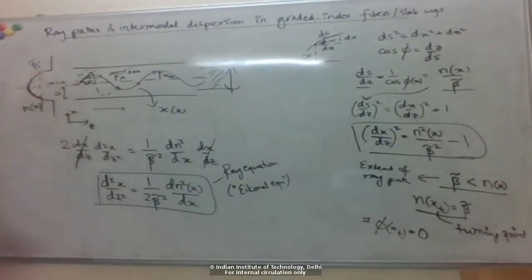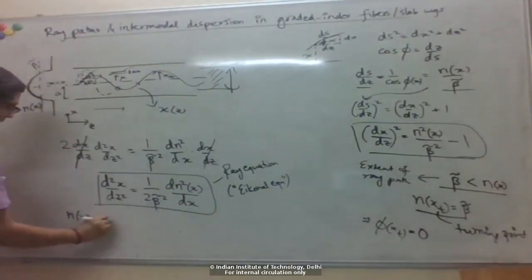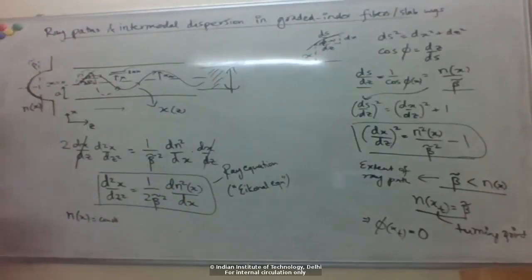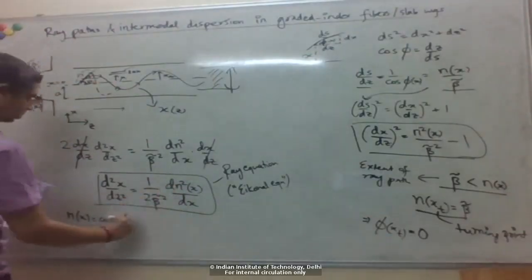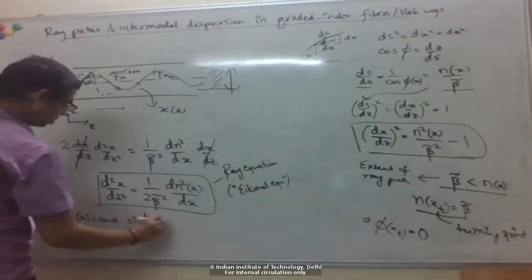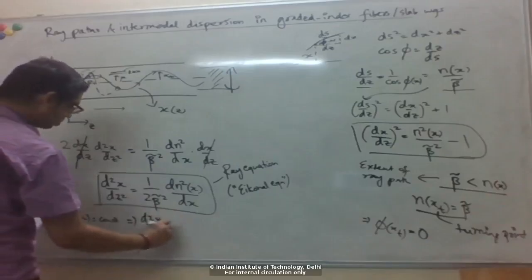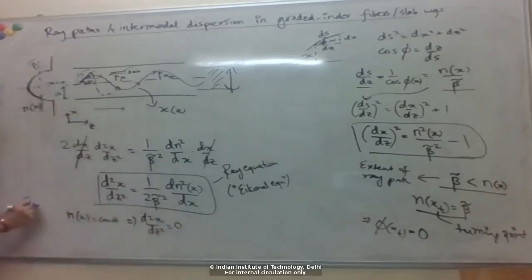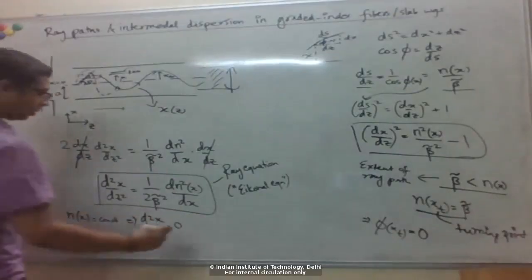Let's take the step index, right? So for the step index, n of x is a constant, which means this derivative is 0. So for the step index, the second derivative of x with respect to z is 0.